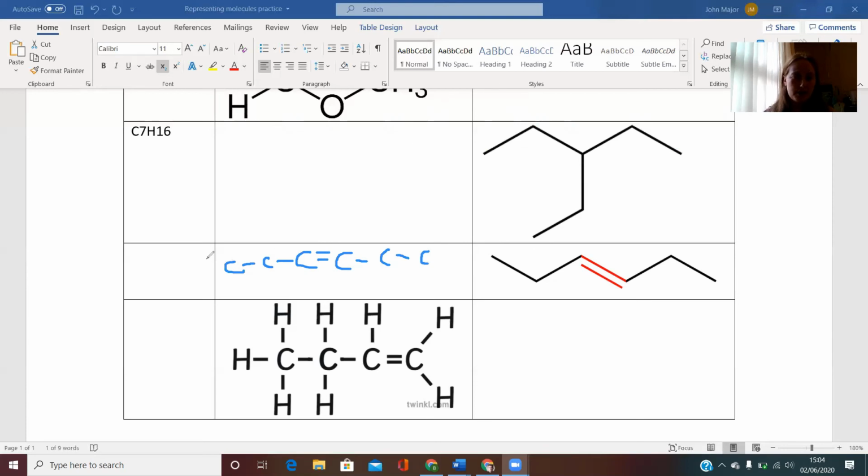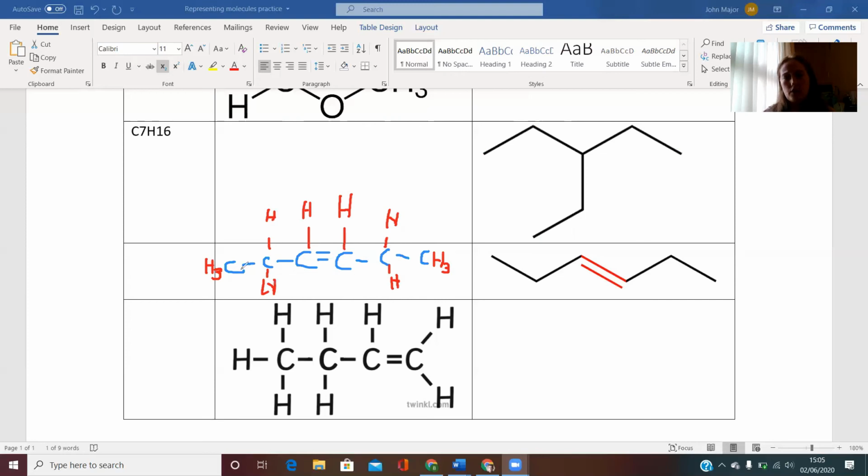I'm just going to write H3 at either end here, and that lets me know that that's a CH3 at the end. So I would have 3 hydrogens there. Draw in my hydrogens here to make that up to 4. Here we've got a single bond and a double bond, so it just needs 1 more. The same for the carbon beside it. Then this needs 2 more. And there you have it.